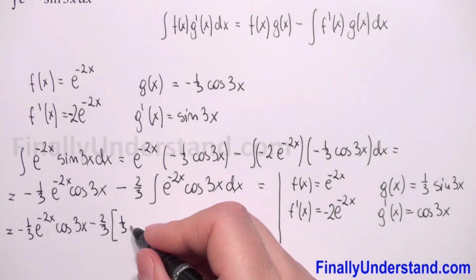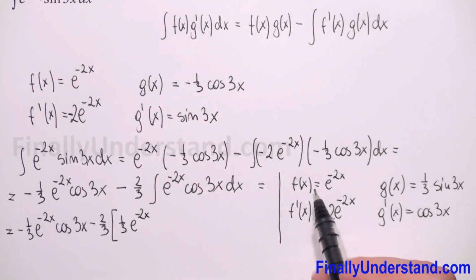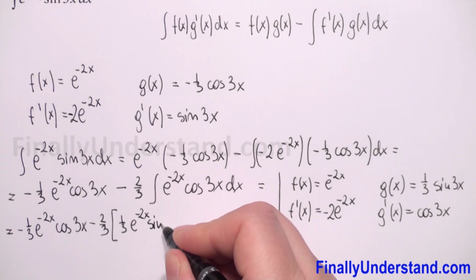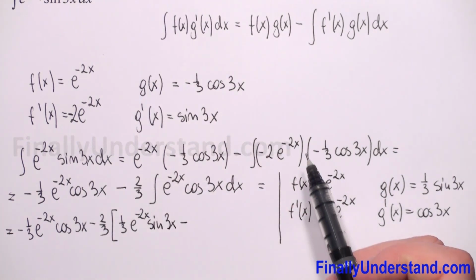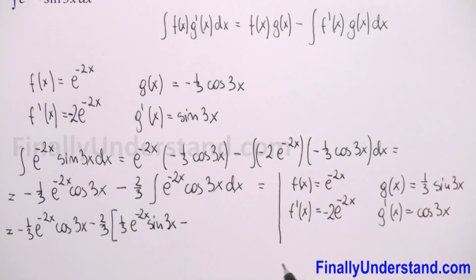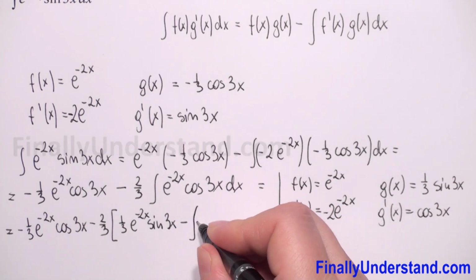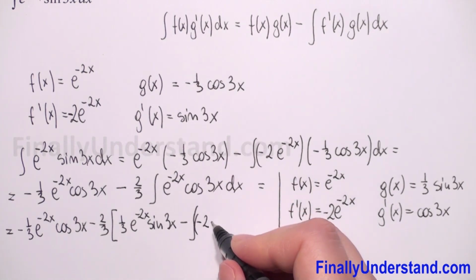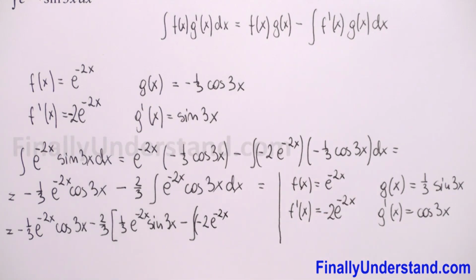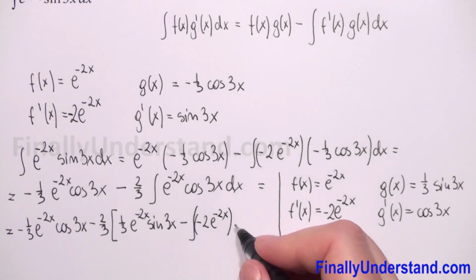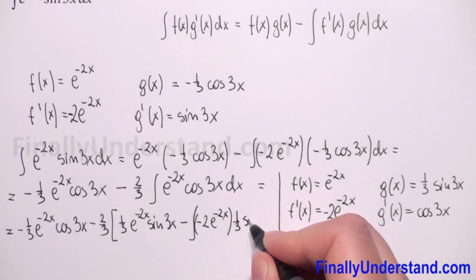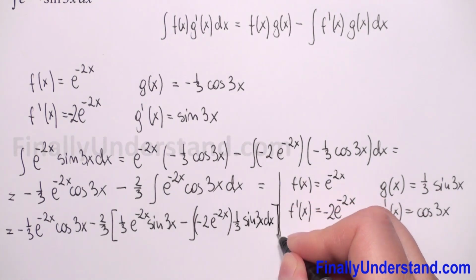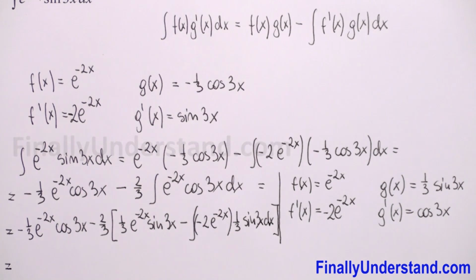I will put first e to power negative 2x, this is our f, this is our g, times sine of 3x minus, now we have to put first f prime, the integral of f prime is negative 2, we have to put in parentheses e to power negative 2x times g, g is 1/3 sine of 3x with respect to x. Close brackets.